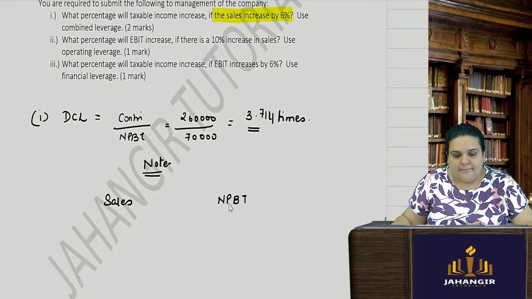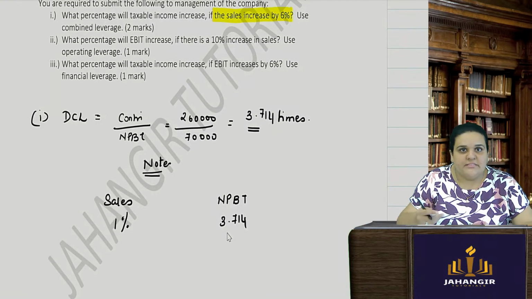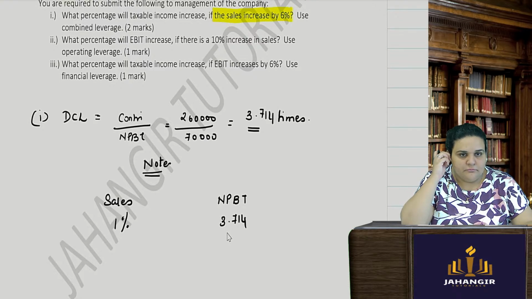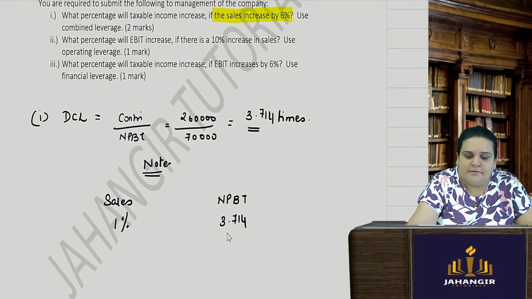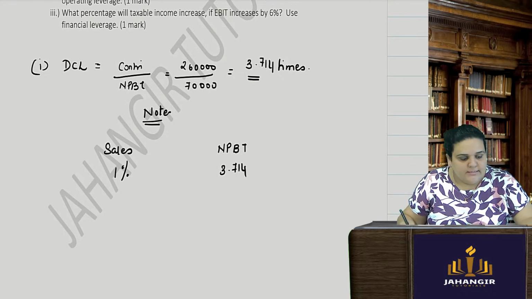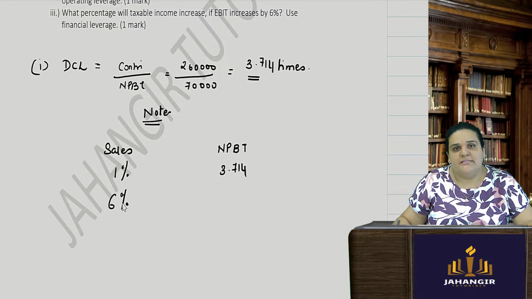With the help of my degree of combined leverage, whenever my sales is changing by 1%, my NPBT is changing by 3.714 times. This is the meaning of the leverages, right? If my sales change by 1%, my NPBT will change by 3.714%. So now they are telling me, what if sales is going to change by 6%, by how much is this going to change?